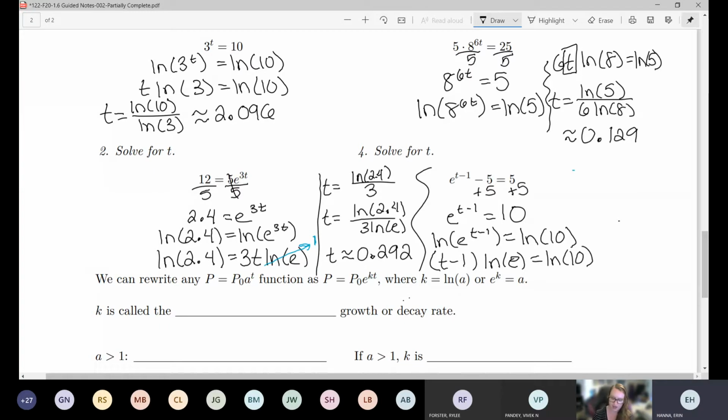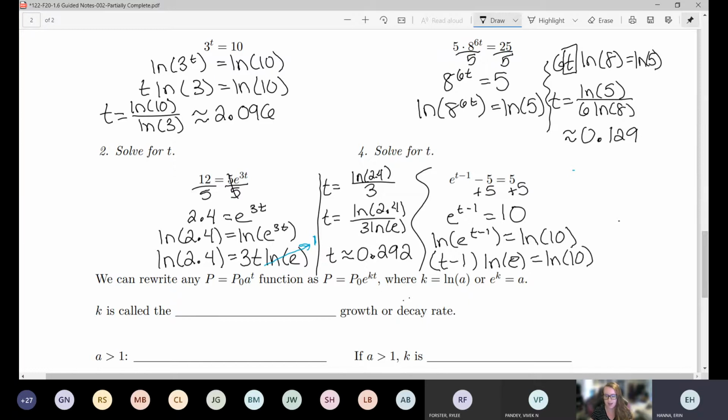The reason for that is, depending on how you'd want to finish solving this question, you could divide both sides by the natural log of e. For this particular question, you could say the natural log of e is 1, and therefore you can drop it.